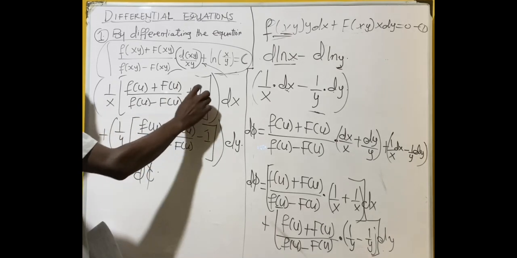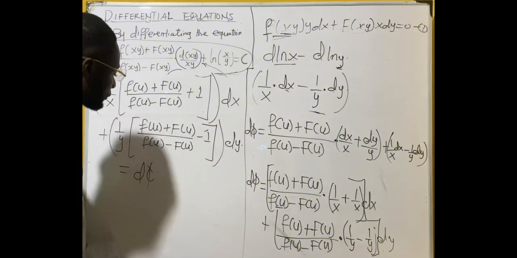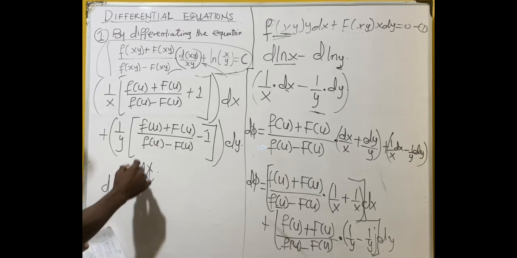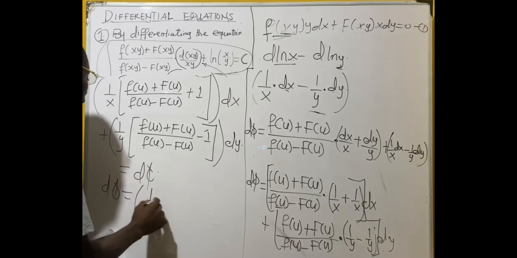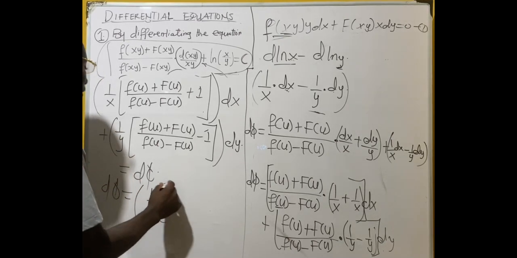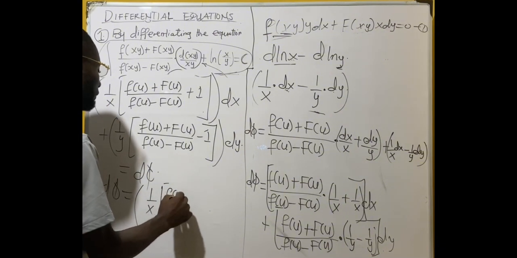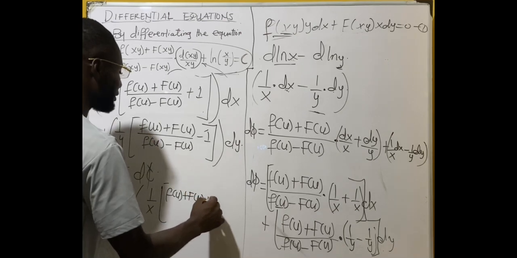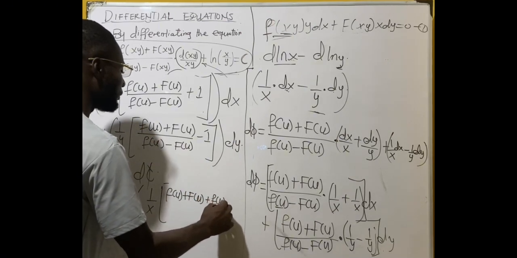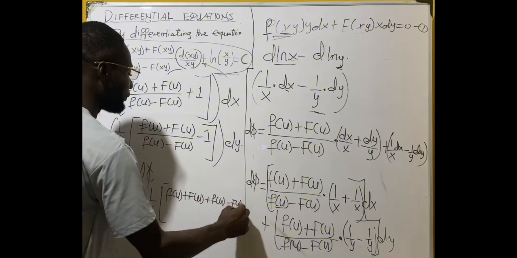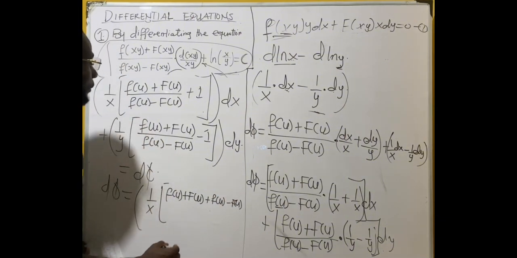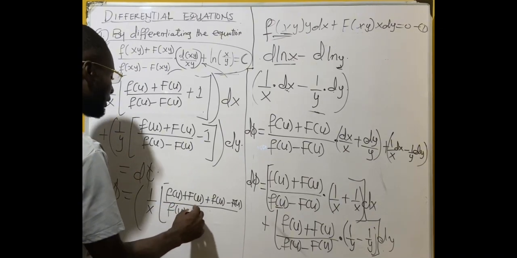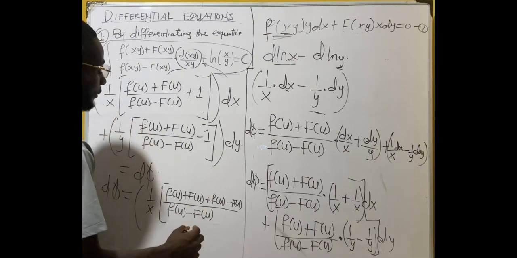So we're going to have the total differential of phi equal to big brackets 1 on x into f of u, small f of u plus big F of u plus f of u minus f of u, all over small f of u minus big F of u.